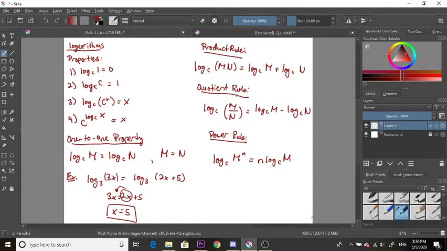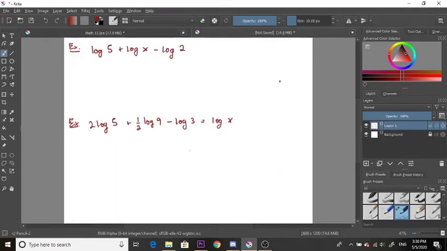So let's take a look at a couple of examples. Here we have one example. So let's simplify this. We have the product rule right here. So let's rewrite these two logs as one log, which becomes log 5x.